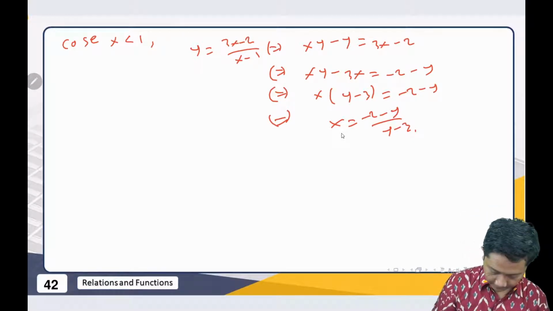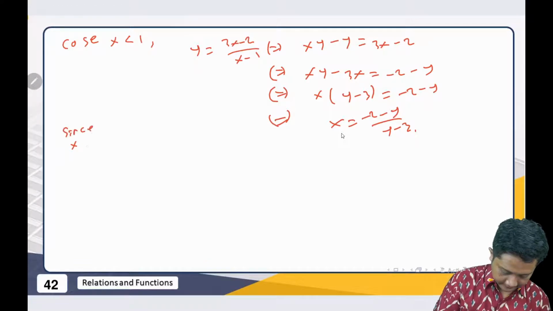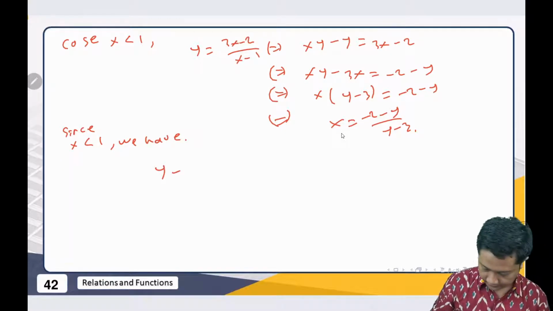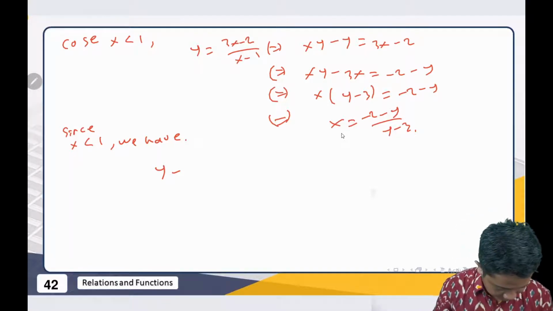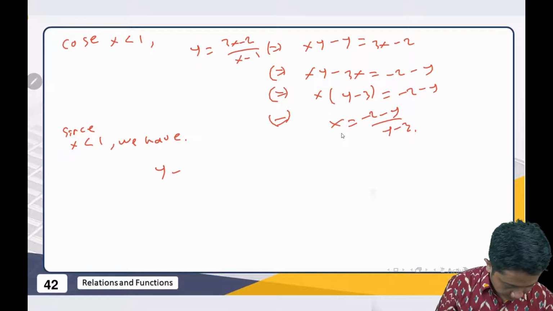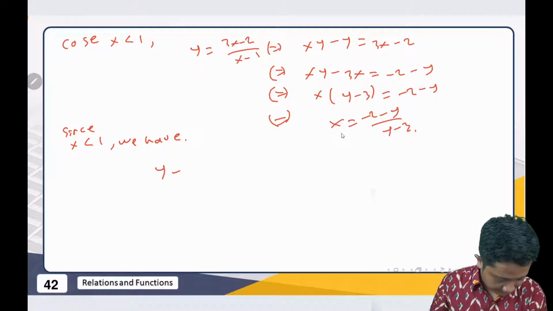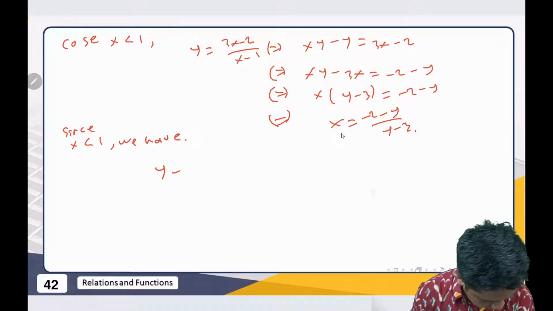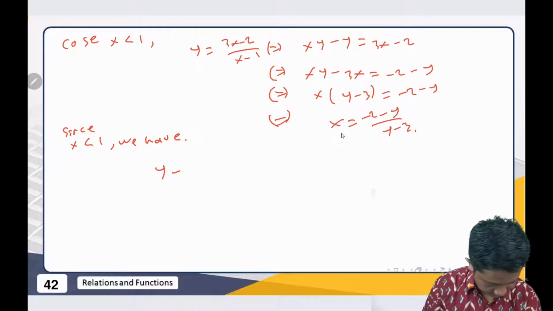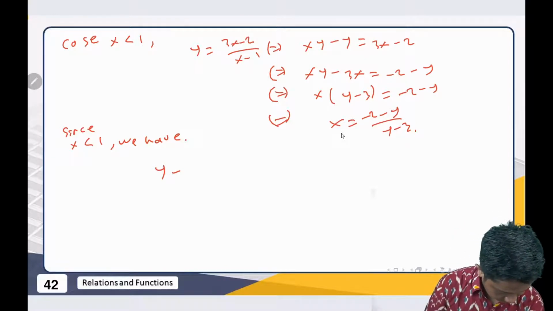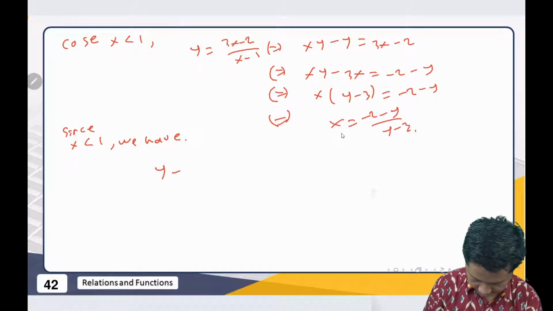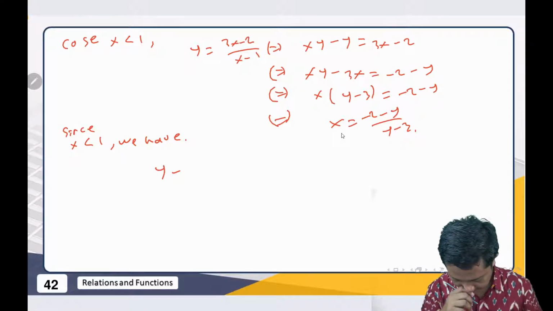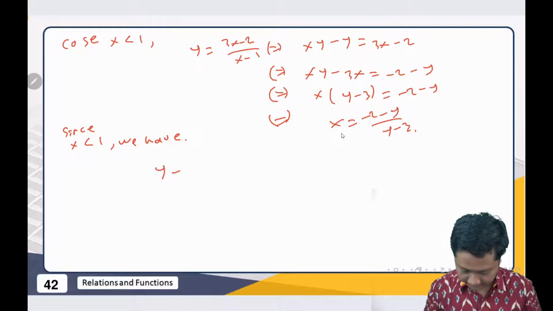Then what happens when x is less than 1? Let me check to be correct, right?